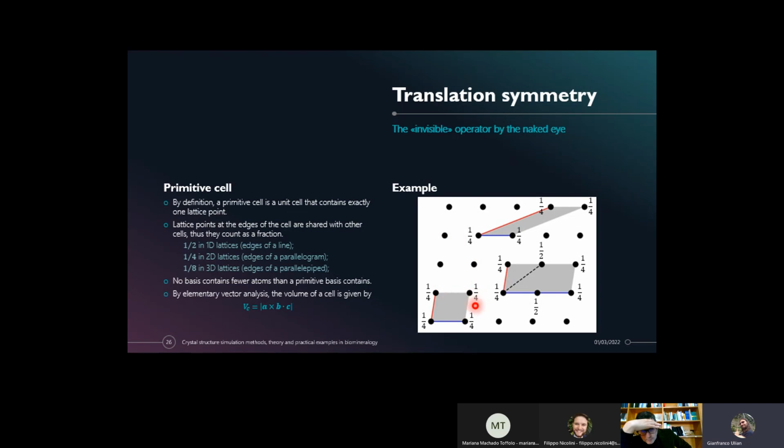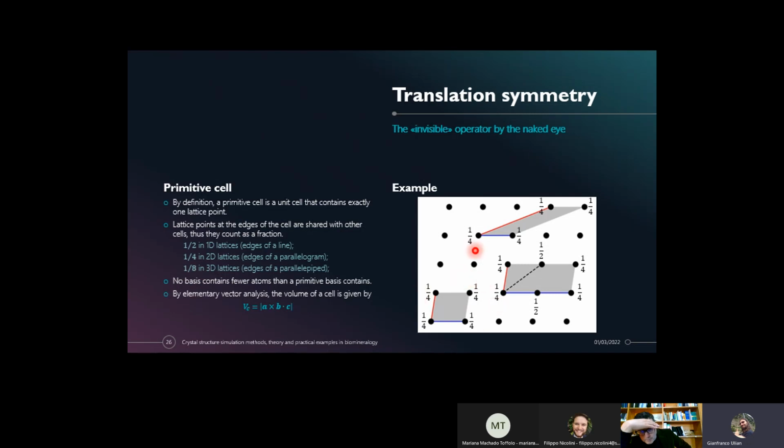If we repeat this object, each dot here, for example this one, is shared among 4 parallelograms. So this dot counts as 1/4. 1/4 plus 1/4 plus 1/4 plus 1/4 makes 1. Okay, so this is one lattice point. This is why we say that a primitive cell is one lattice point.